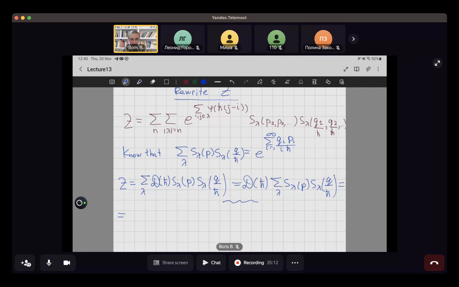So it is equal to d of h bar e to the power sum qi over h bar pi over I. And now we remember that this j minus I is an operator of multiplying by p minus I. So I can write it as follows: e to the power sum over qi j minus I over ai h bar acting on 1.